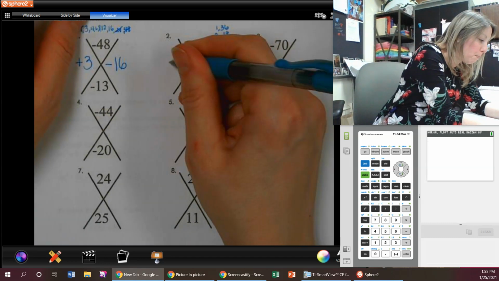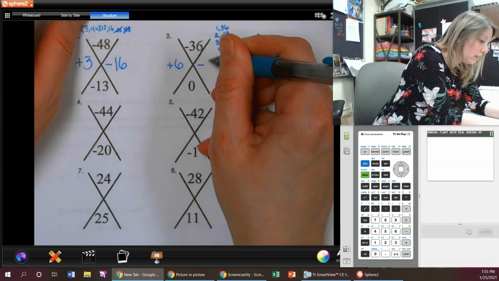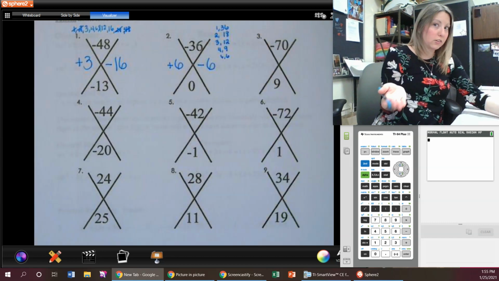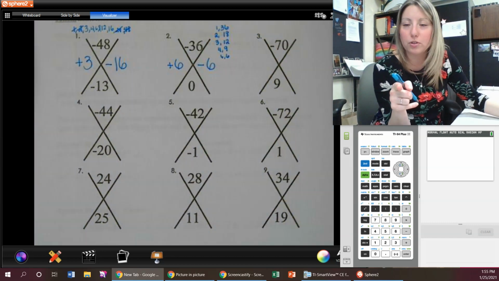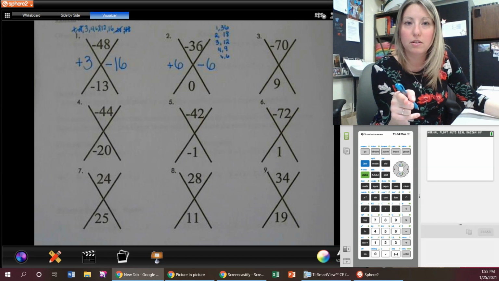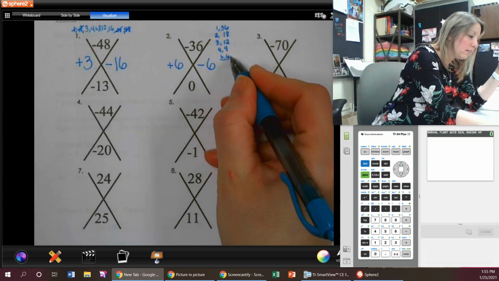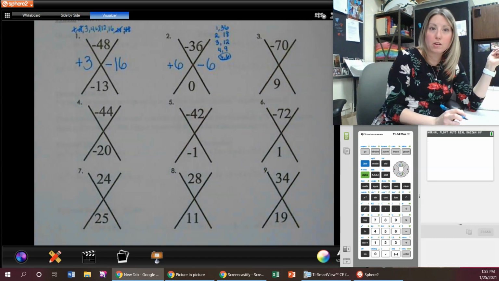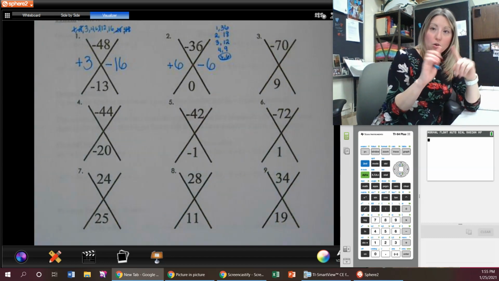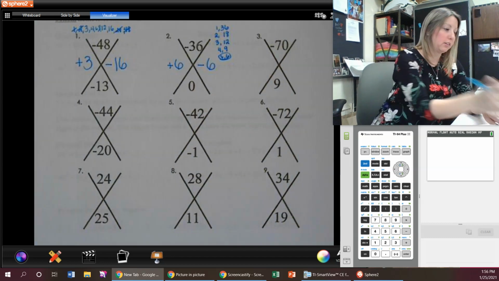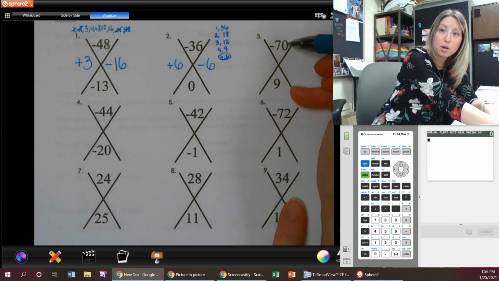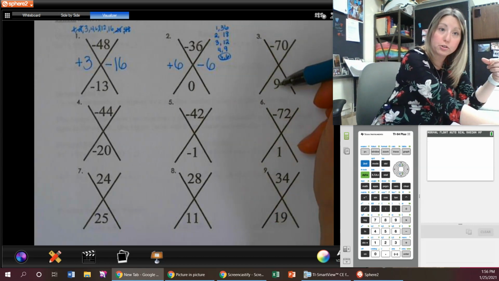That's where you're going to get a positive 6 and a negative 6. Just like yesterday with the difference of two perfect squares. Okay? That's where we're getting these values from. So we're thinking about not only what multiplies together to give us the top, but also how do we add or subtract to get the bottom.